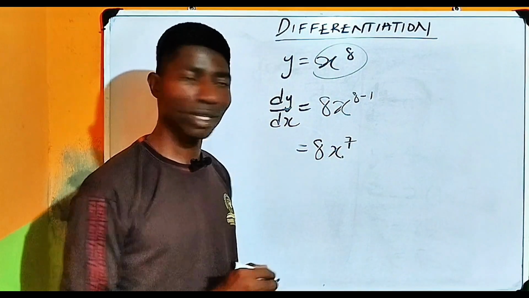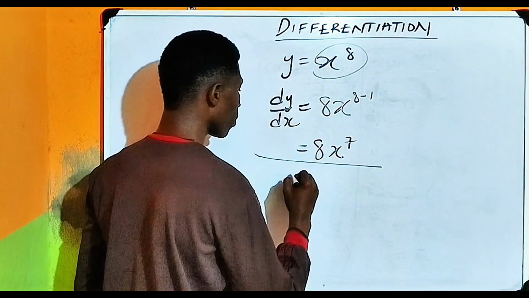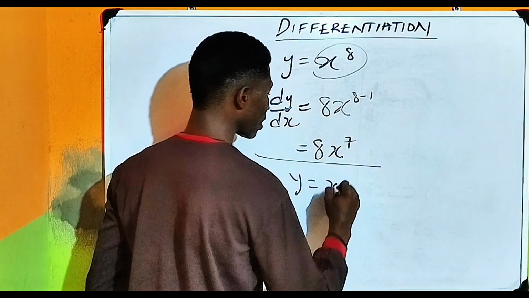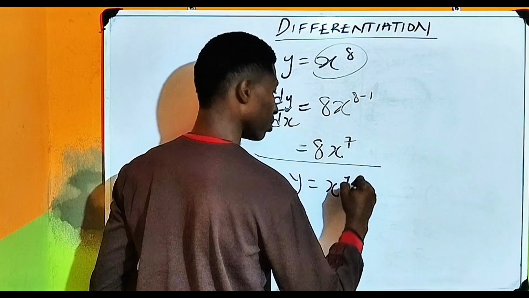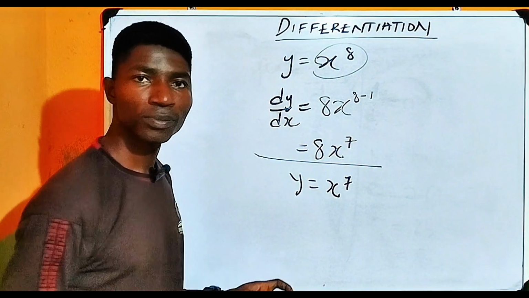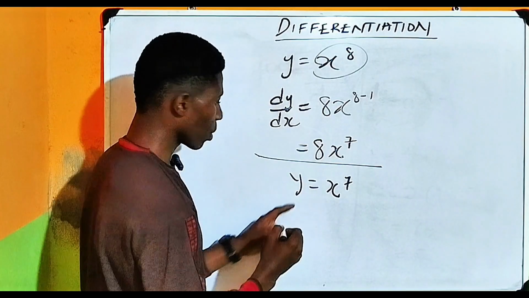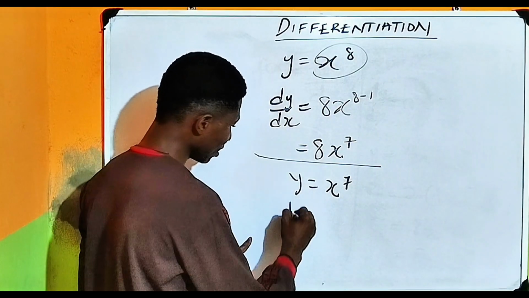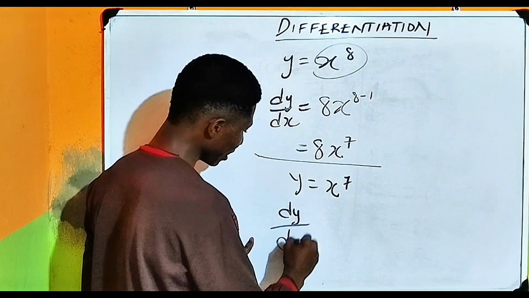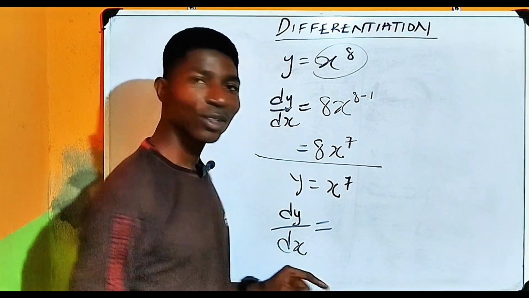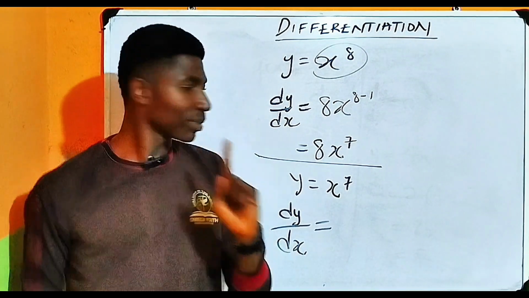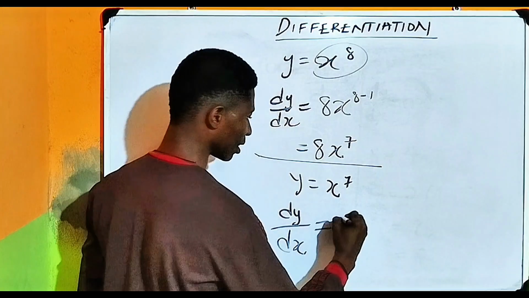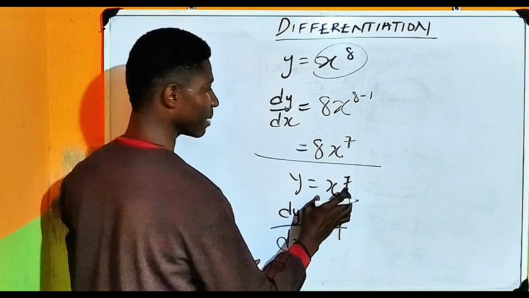Let's take another practical example. y is equal to x power 7. When you differentiate y, you have dy over dx. Now, the first step is to take the power, which is 7, then multiply it by everything here.